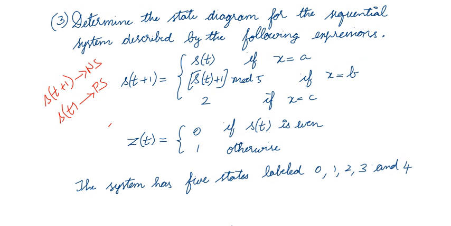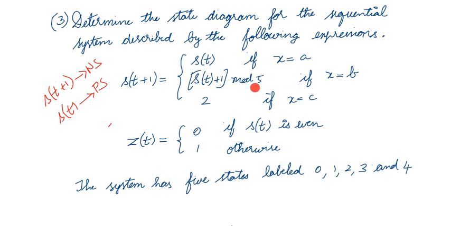When the input is B, S of t, the present state value, whatever you have, is added with 1 and mod 5. Mod 5 gives the remainder. For example, 4 mod 5 is 4, 5 mod 5 is 0, 6 mod 5 is 1, 7 mod 5 is 2.